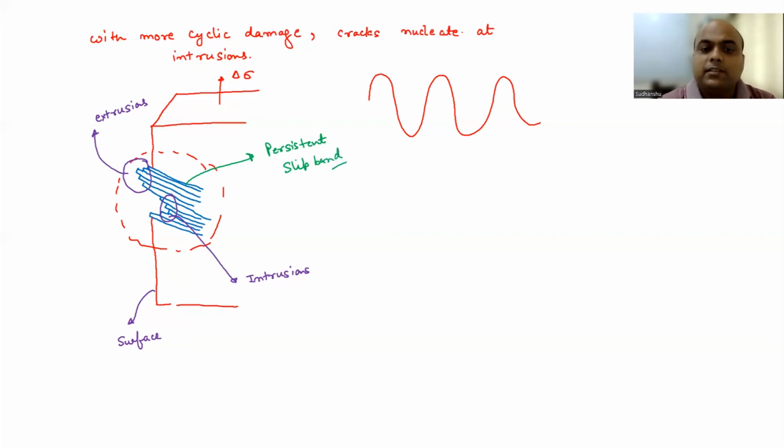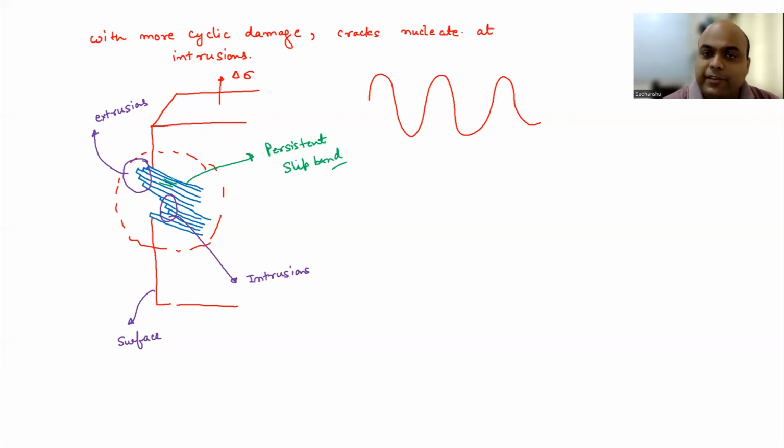Okay. So persistent slip band leads to extrusions and intrusions. Okay. So you are going to have slip along these lines. So these are your bands. These are called persistent slip bands, right? So you have lots of dislocations in these bands. Okay. And since you have slip reversal, you are going to get both extrusion and intrusions.